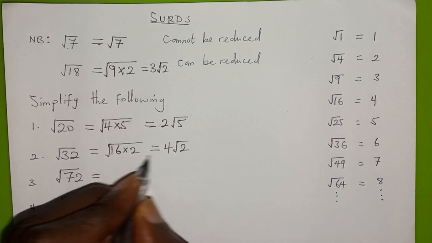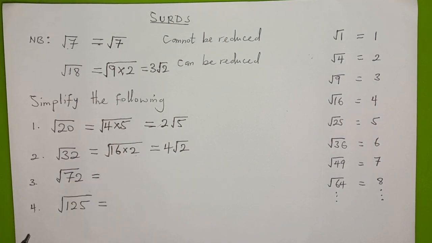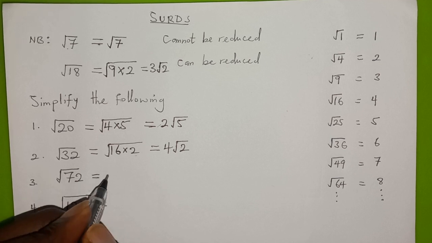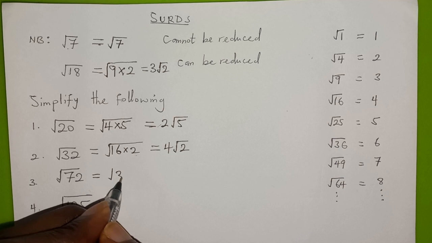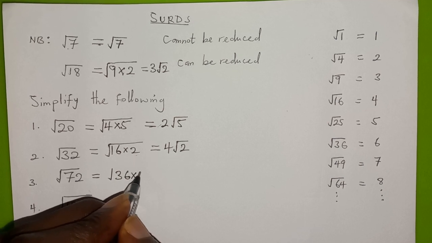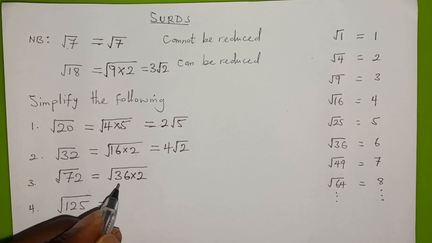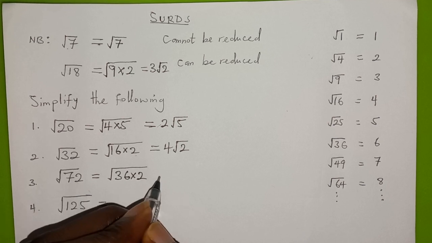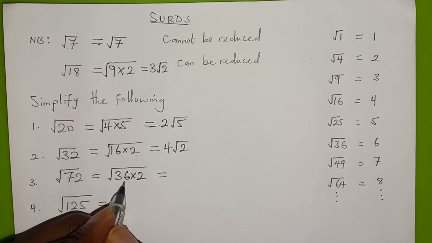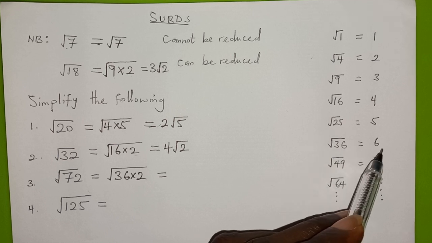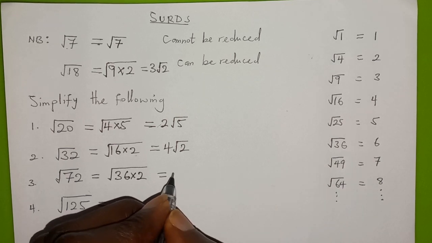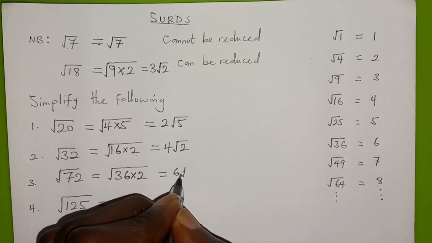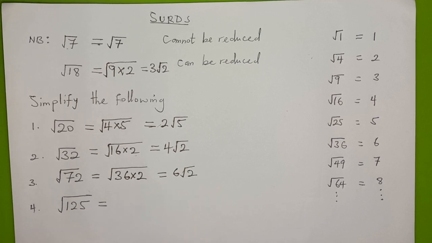The next example is root 72. Root 72 can also be expressed as root of 36 by 2. We all know that 36 by 2 is 72. So what is root 36? Root 36 is 6. So that's going to be 6 root 2.